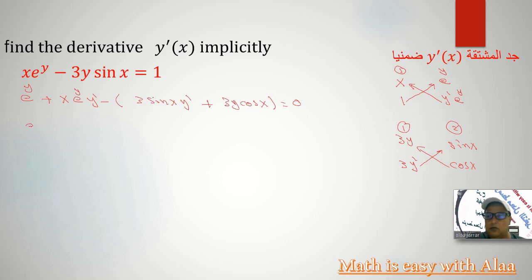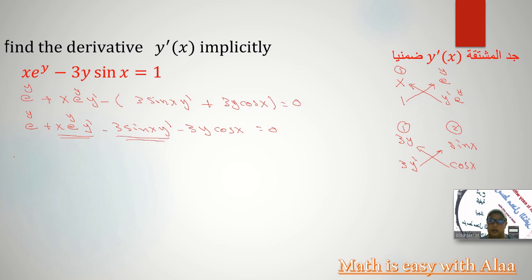Now it will be e to the power y plus x e to the power y prime minus, minus what? 3 sine x y prime minus 3y cosine x equal 0. Okay, now we have these two terms that have y prime.